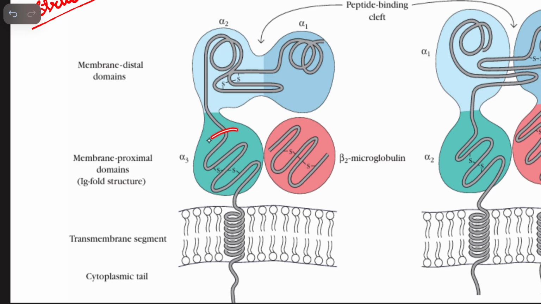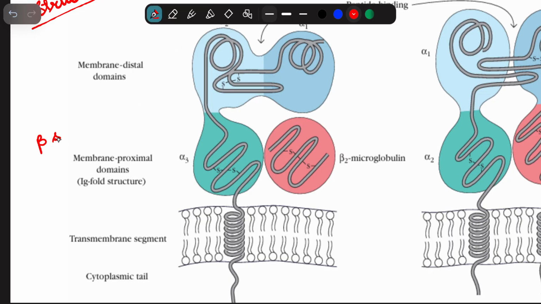When we look at the structures from X-ray crystallography, we come to know that the peptides comprising the alpha 3 and beta 2 microglobulin subunits are beta sheets, arranged in an anti-parallel fashion, and these are then linked together by disulfide linkages.